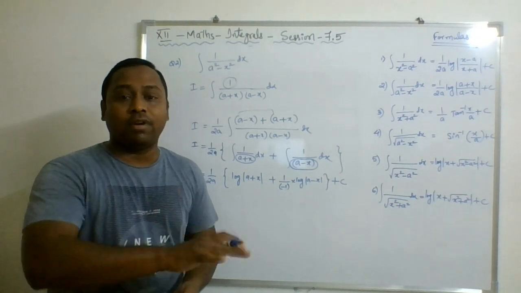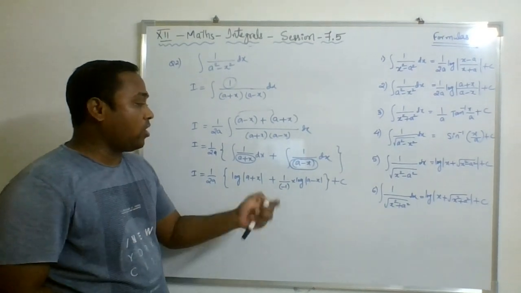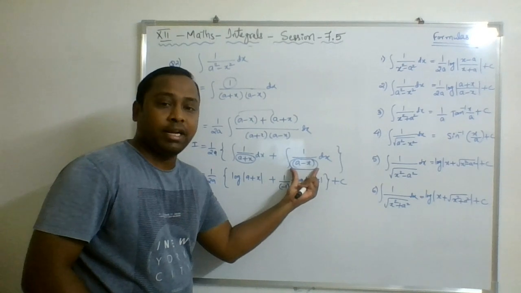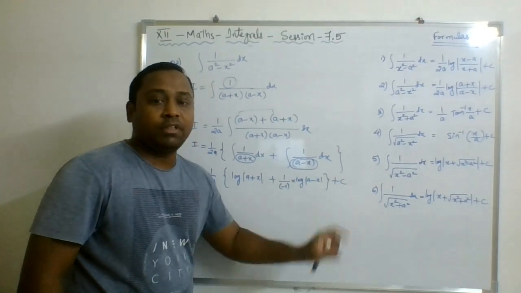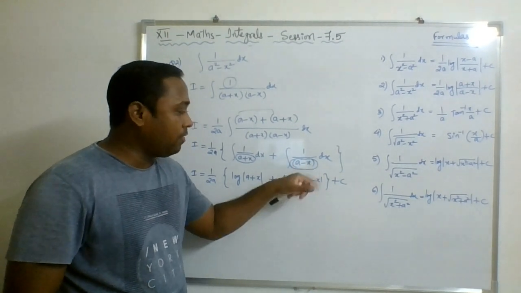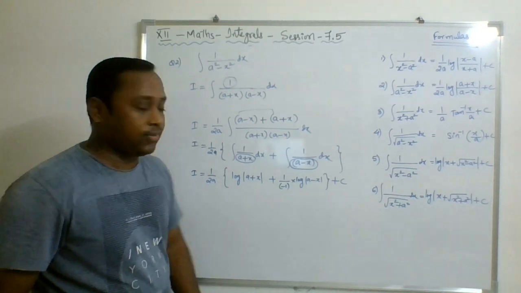It will save your time. Otherwise you can go with simply assuming it as t and go with the substitution technique. Definitely within 2 steps you will be approaching this.